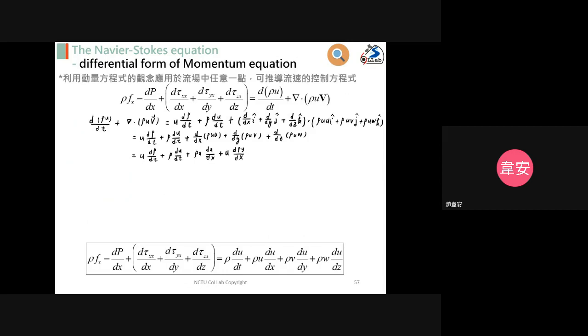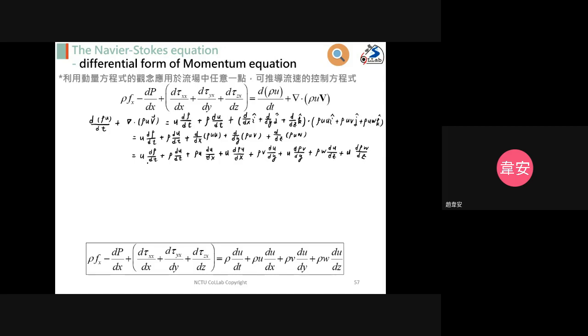Okay, and for these items, we know that we have rho v du dy and plus the u taken outside and the inside the rho v dy. And for the z, the final item here can be rho w du dz plus the u taken outside and the rho w dz.